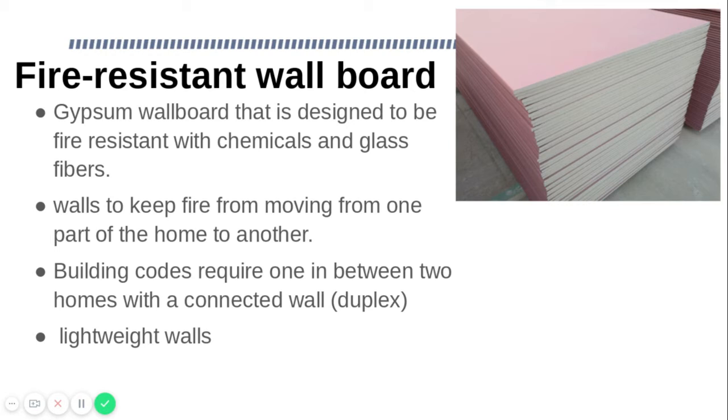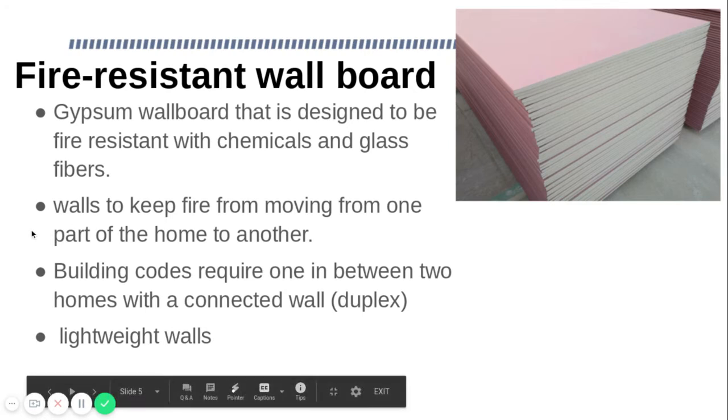So if you had this type of wallboard or drywall between two rooms in your house, if your house happened to catch on fire, then in theory, the fire would be contained in that one room where it started and would not spread to the other parts of the home, because this type of wallboard would stop it. It is more expensive, but it's not going to be like crazy expensive. So in theory, if you built your whole house out of fire-resistant wallboard, it could potentially save your house from burning down one day if it ever caught fire. So that might be something to consider one day.